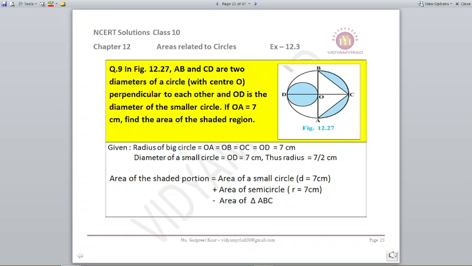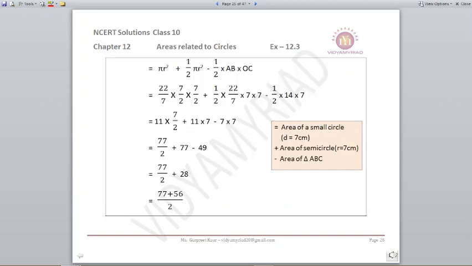So let us use the formula. Pi r square plus half pi r square. Pi r square will be for the full circle, half pi r square is the semicircle, minus half into base into height. So 22 upon 7 into 7 upon 2. The diameter is given to us as 7, so the radius will become 7 upon 2 into 7 upon 2, plus half into 22 upon 7 into radius, which is given as 7.